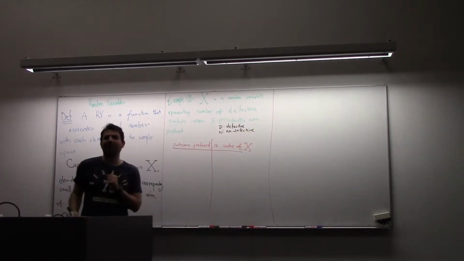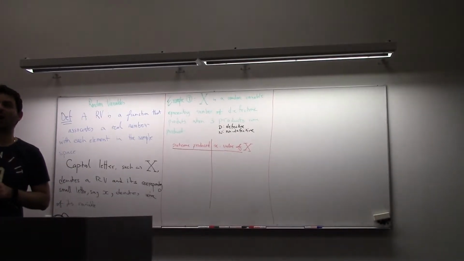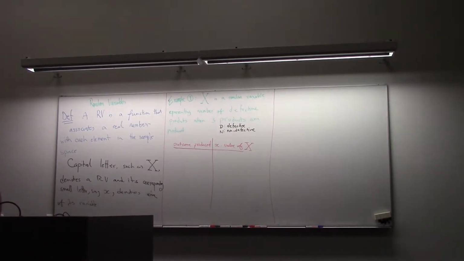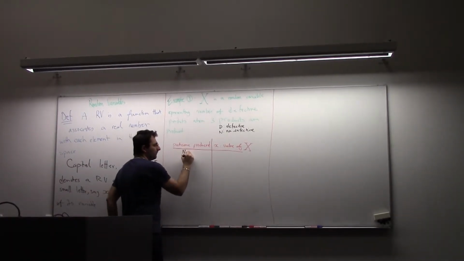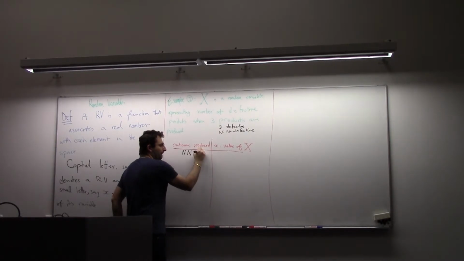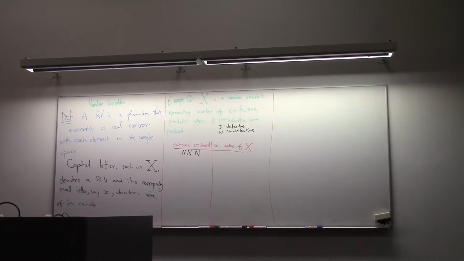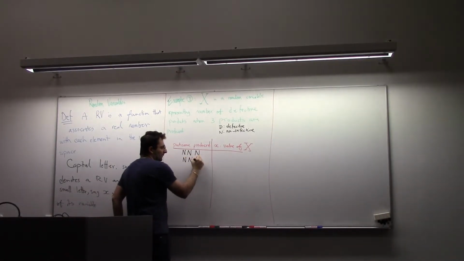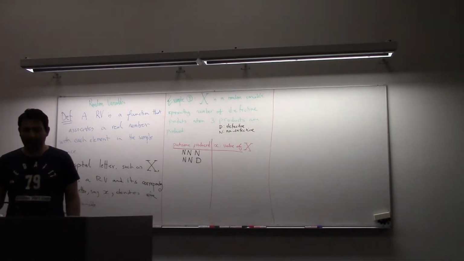So if I am producing 3 products, what are the situations regarding having something defective or non-defective? It can be all non-defective, right? It can be non-defective, non-defective, defective.